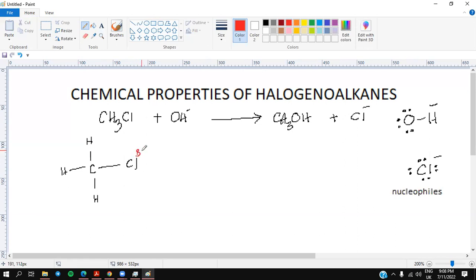Accordingly, I can put delta negative on chlorine and delta positive on carbon. Now this carbon is getting this delta positive charge not because it likes to, but because chlorine is pulling the bond electrons away from the carbon. So carbon experiences an electron deficiency. In other words, carbon doesn't have enough electron density.